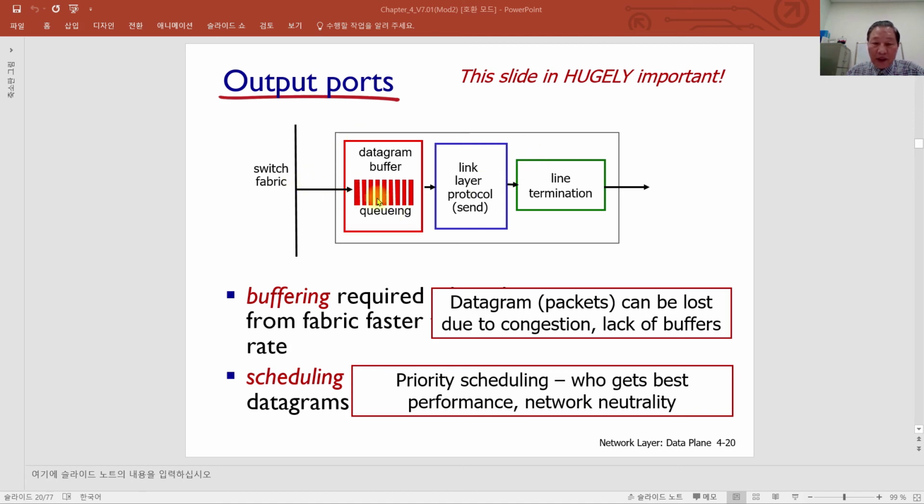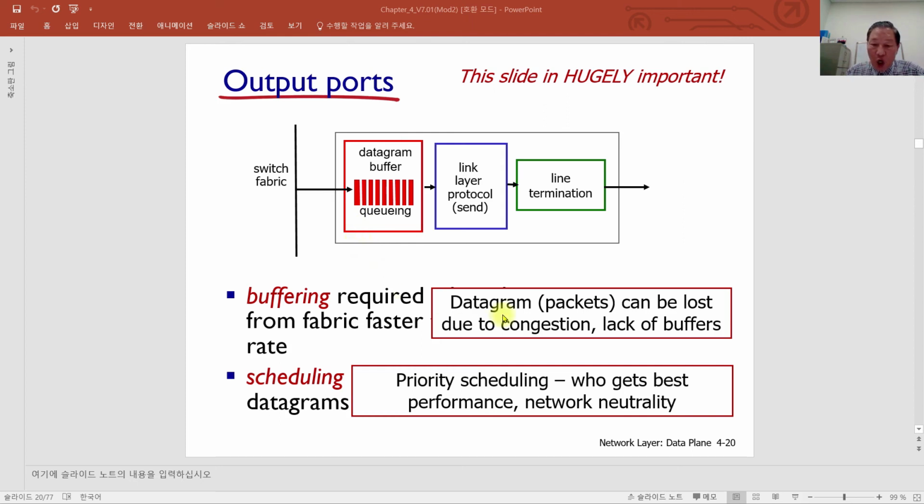That speed is different. This intermediate buffer is the queuing buffer for output. Buffering is required when the fabric rate is faster. This one is very fast, and this one is so slow, so we need to use this buffer. That is called queuing, as we learned.